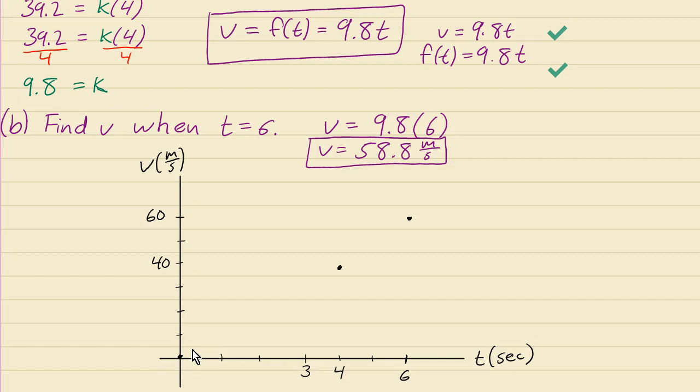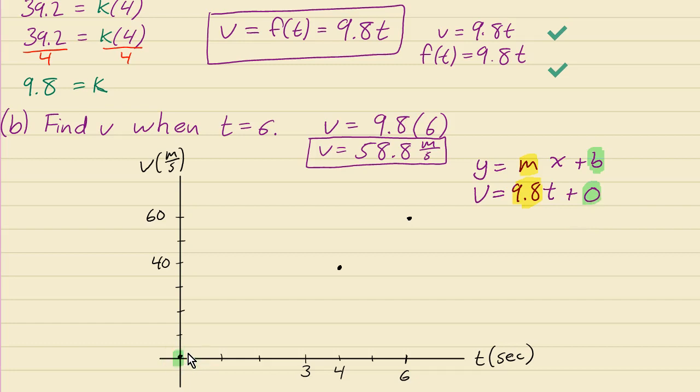And the other thing about this is that when we're graphing v equals 9.8t, this looks like y equals mx plus b format. It's just that the 9.8 is the m, and what is the b? The b is 0. So we can think of this as just a line with slope 9.8 and y-intercept 0 right here.